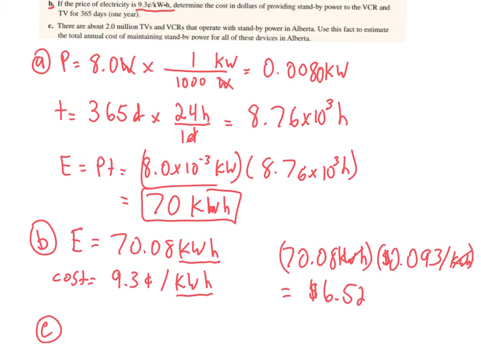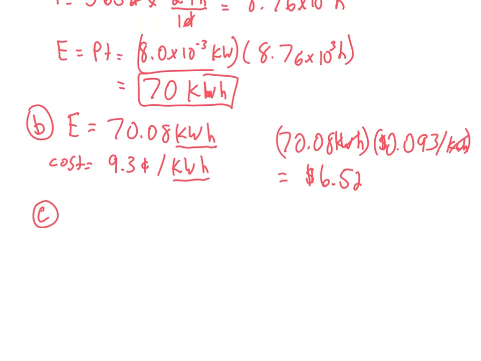So there are about 2 million TV VCRs that operate. Now, again, this is just in Alberta. Use this fact to estimate the total annual cost of maintaining standby power for all of these devices in Alberta.